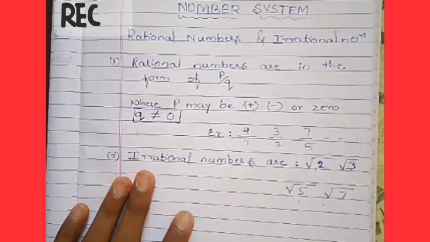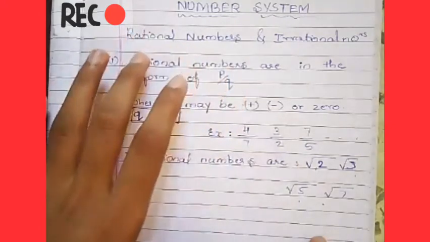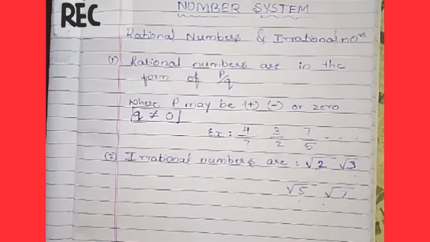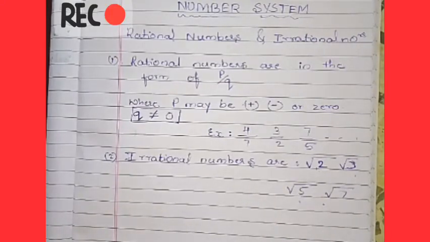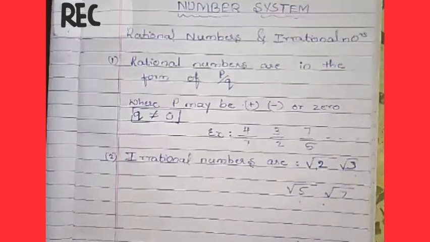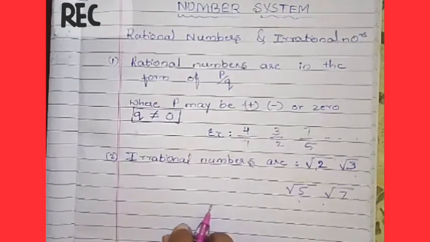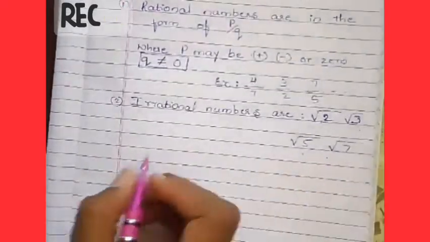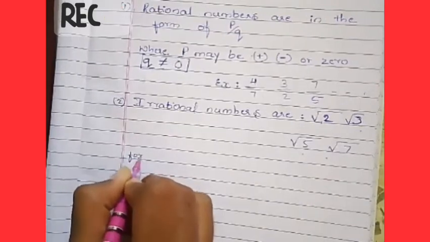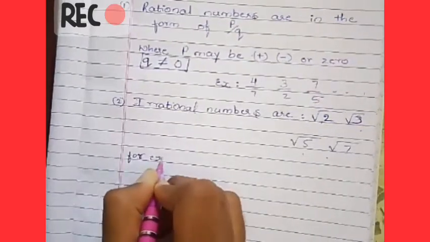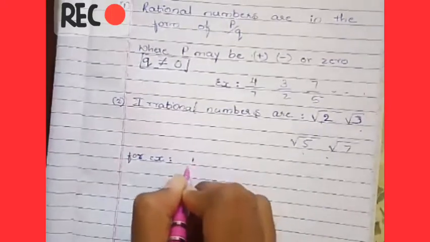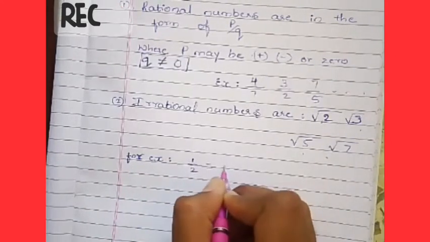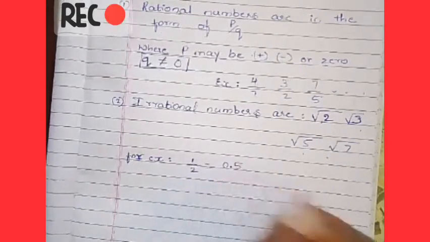So here these are in the form of fraction. Now let's see in the form of decimal. Okay, how do rational numbers and irrational numbers look in decimal form? Let's take for example 1 by 2. Here 1 by 2 is equal to 0.5.